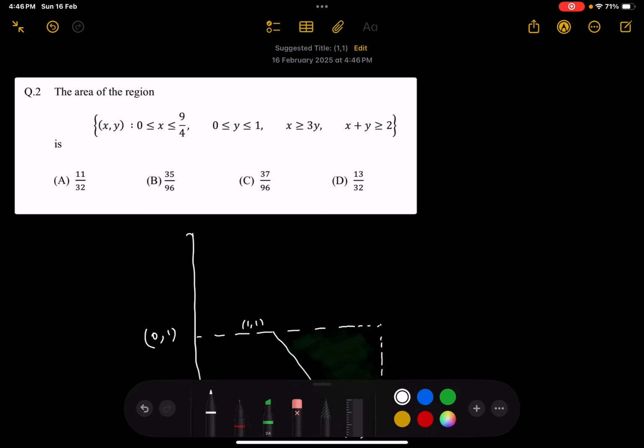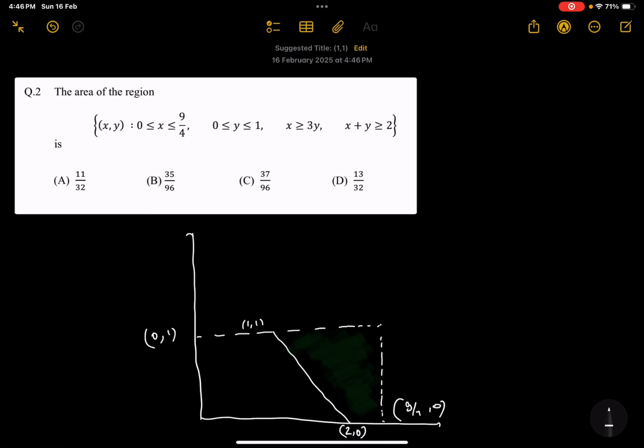Then I have x greater than or equal to 3y. So say something like this. At x equals 9 by 4, y is 3 by 4.